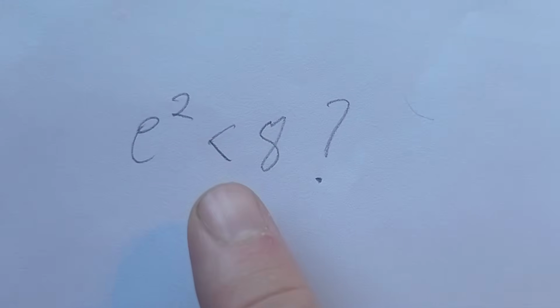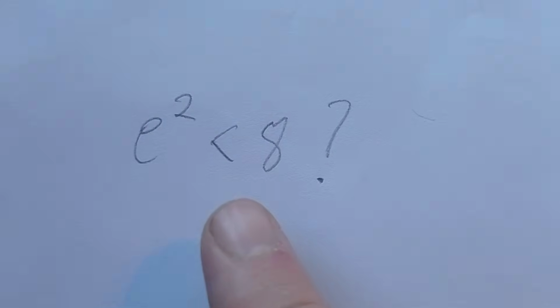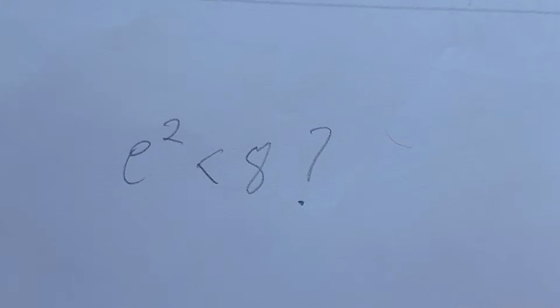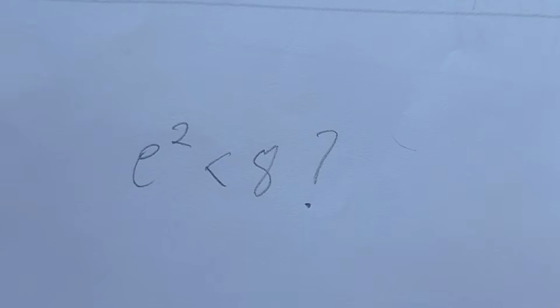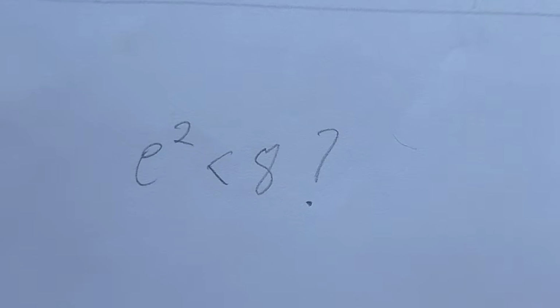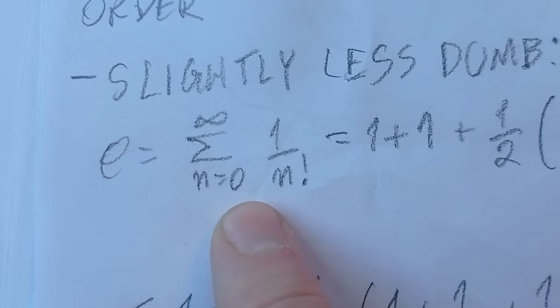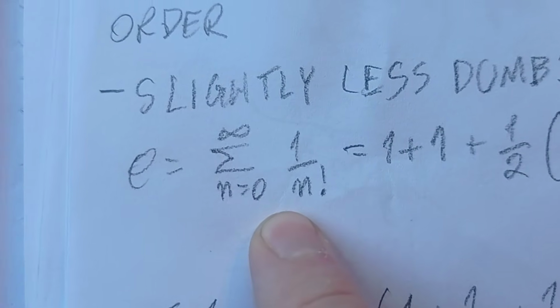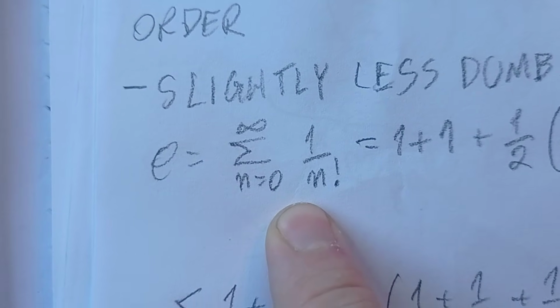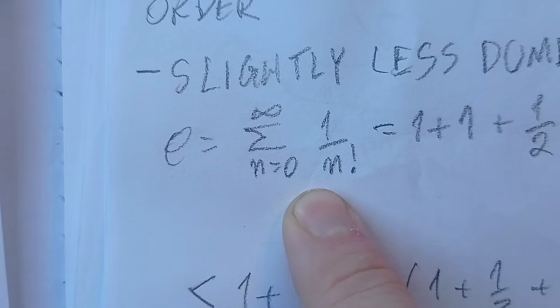And the smarter way uses a thing that I posted before, which is that besides being the limit, as x goes to infinity, of the function 1 plus 1 by x, all of that elevated to x, e is also represented by this sum here, which is the sum to infinity of the inverse of the factorials.